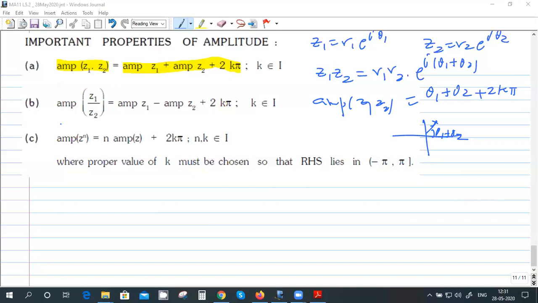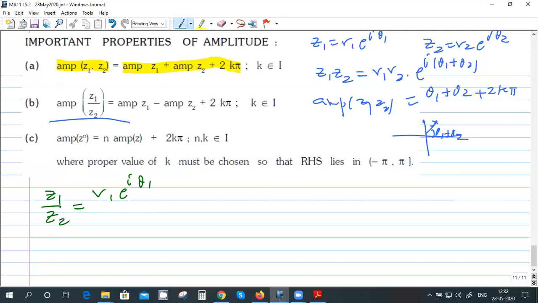Similarly, you can prove this thing now, z1 by z2. So it will become r1 by r2. Same thing. If you do z1 by z2, it's r1 e raised to i theta 1, right?